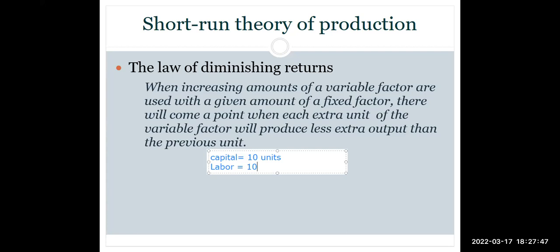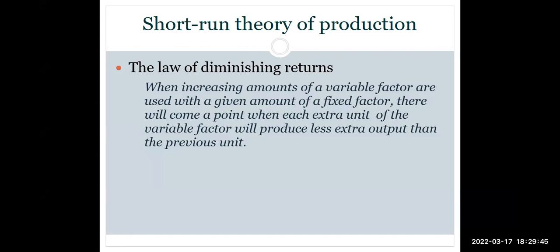If one of the factors of production is fixed and you keep increasing the other factor of production, say for example, what is the return to the labor in Pakistan? In Pakistan, the returns of the labor is very, very low. Why? I was asking you why the productivity of labor in Pakistan is very low.